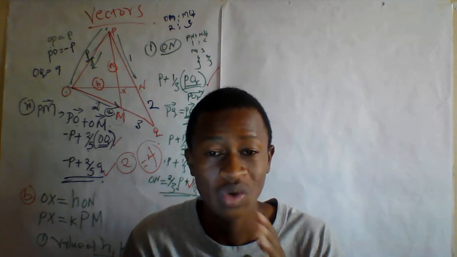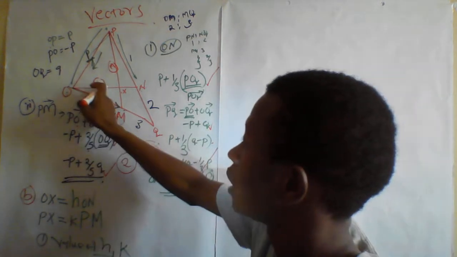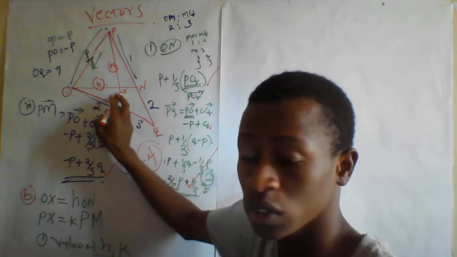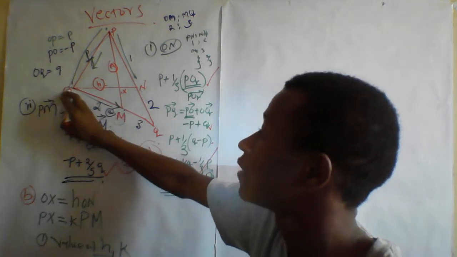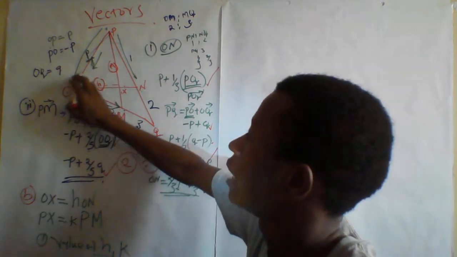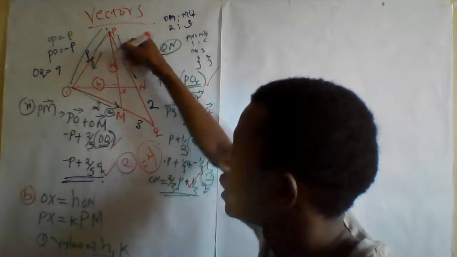What is being tested here is just this point: you can find OX using two ways. You can either find it directly from here to here, or you can go through the route that we've been talking about to find the M.